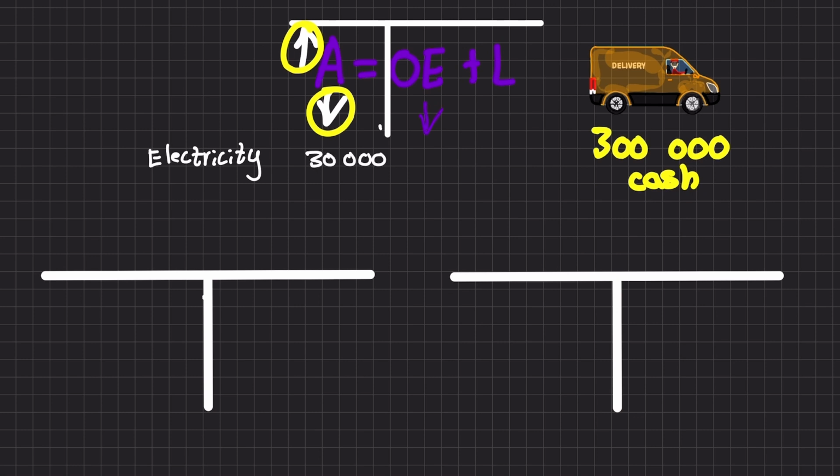And let's say they want to pay by a loan, a small loan, and the loan is also 30,000. So again, we have two accounts.